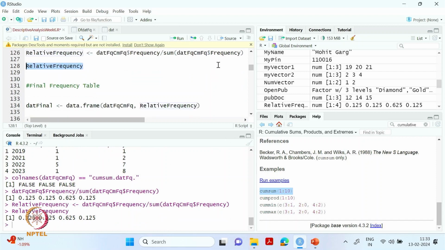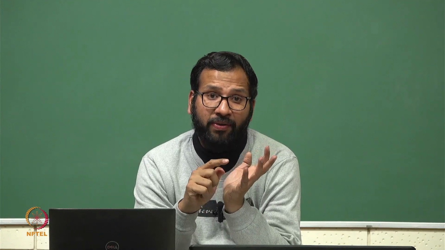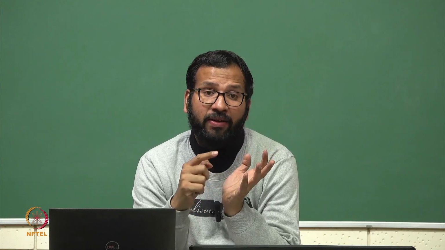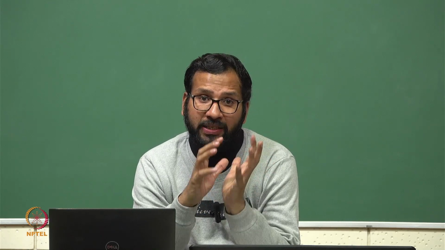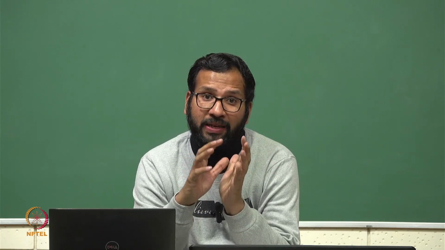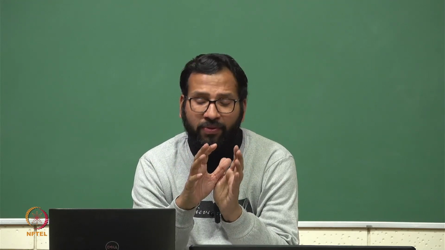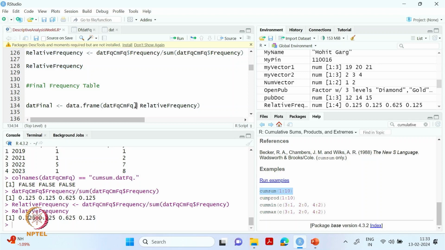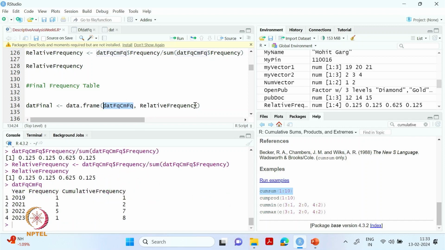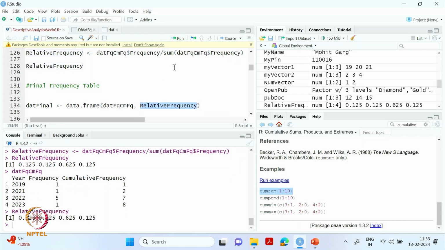Okay. So until now, we have calculated the simple frequency, then the cumulative frequency, and then the relative frequency. So this is our one analysis, and we want it as a single data frame. This is our earlier data frame which has the frequency and the cumulative frequency, and I'll assign this relative frequency along with it.